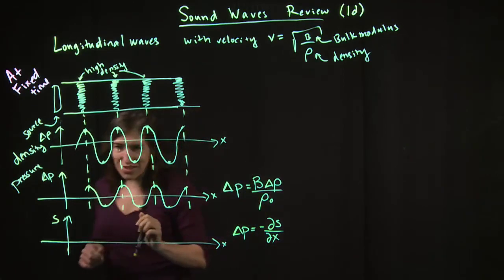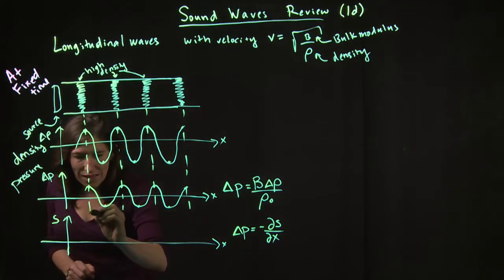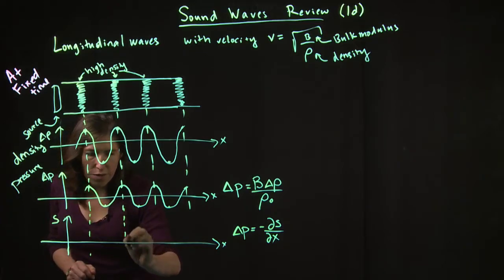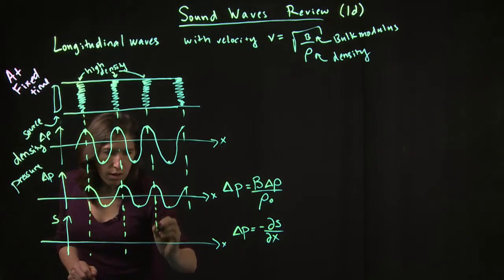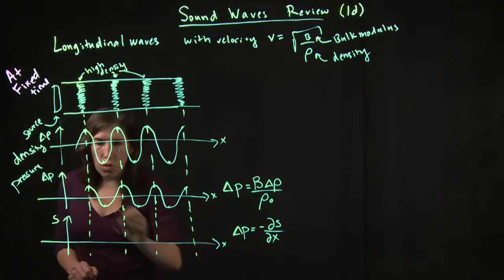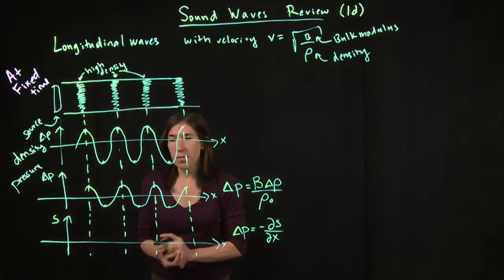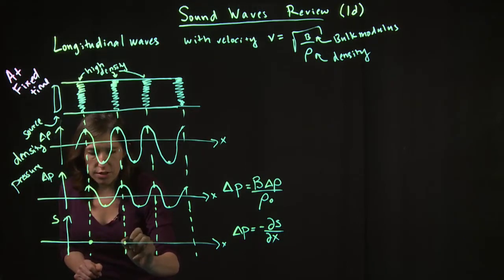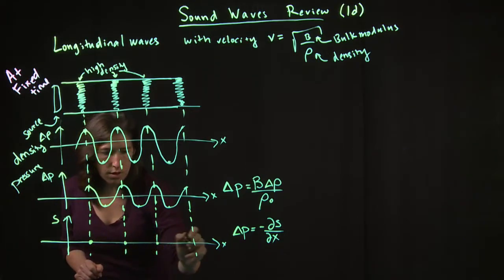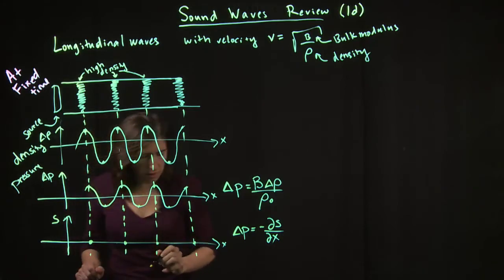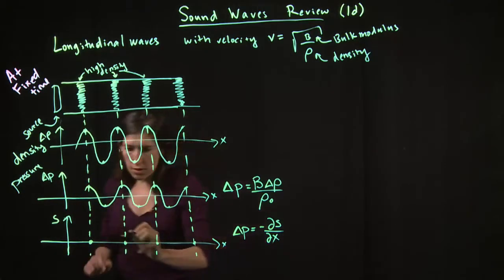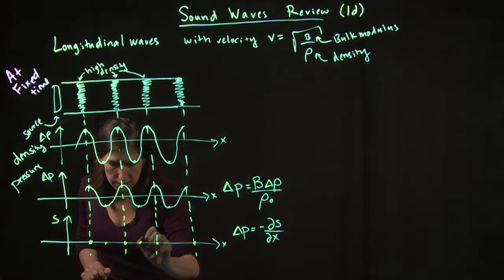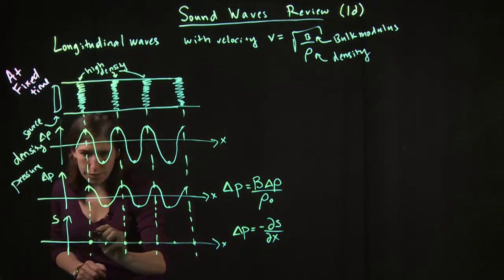You've got to remember that sign. So what that means is that before, where we had these maximums, this now is where the displacement is going to vanish. It should vanish actually like this. Right.